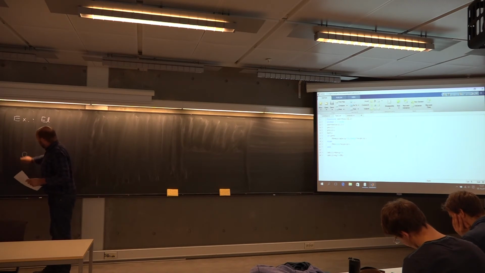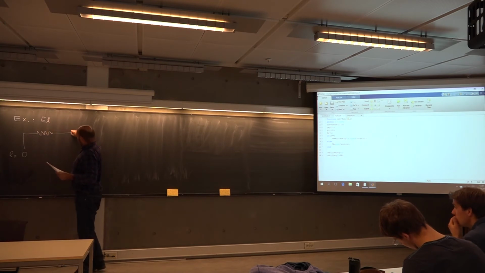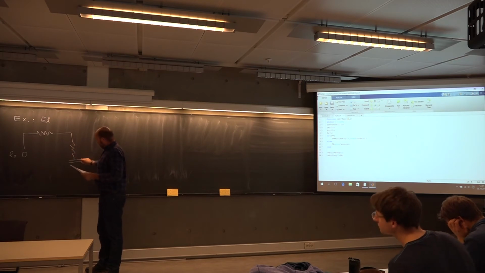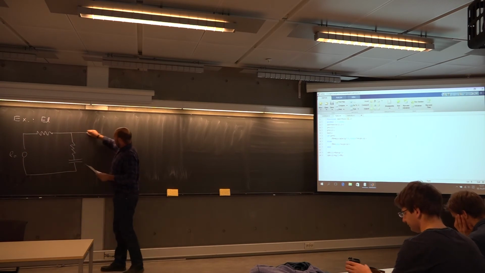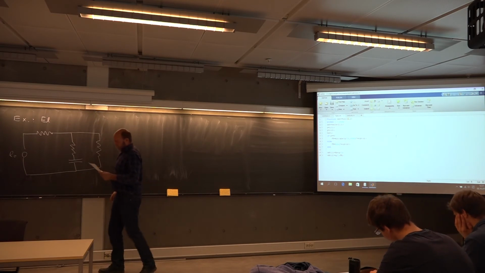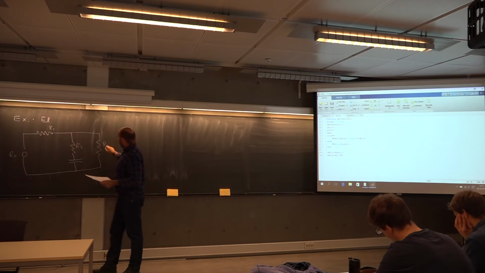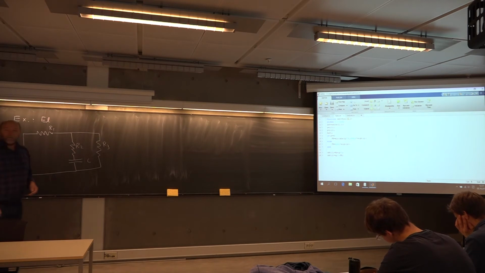So here I have a source, an effort source, E0. Here I have a resistance, and then I have a branch, I have another resistance, capacitor, then we go back here, and here in parallel I have a third resistance. So here we have R1, R2, R3, and a C. Find the state equation.